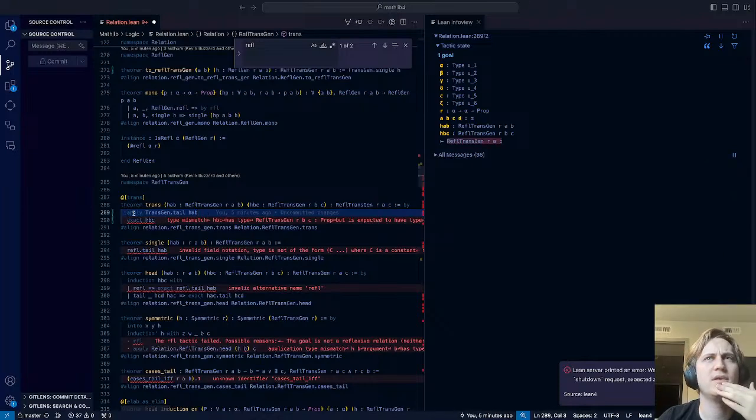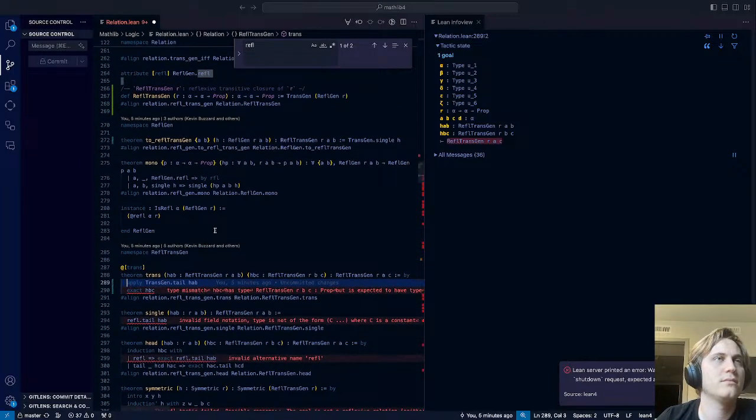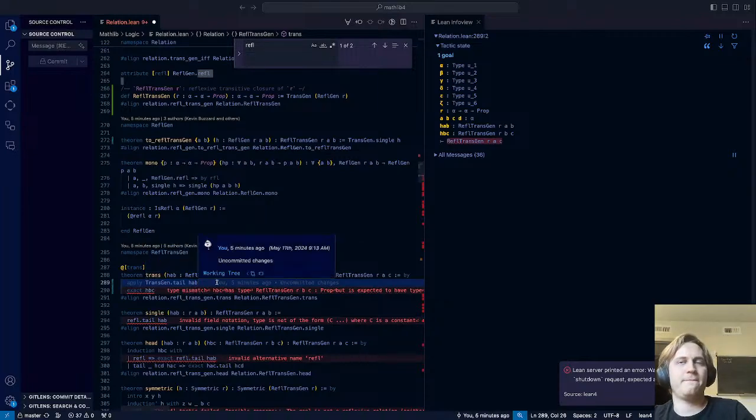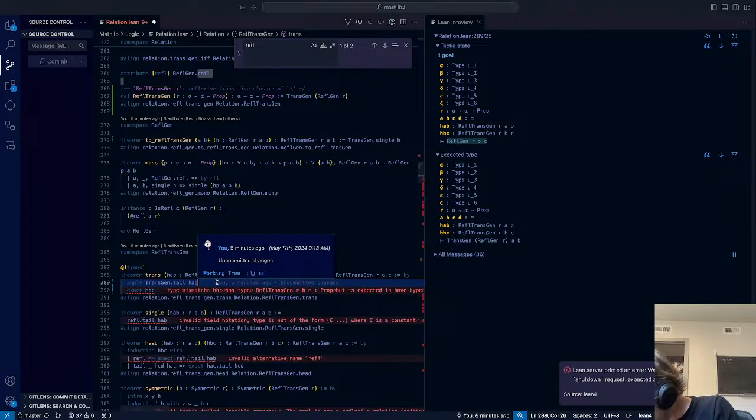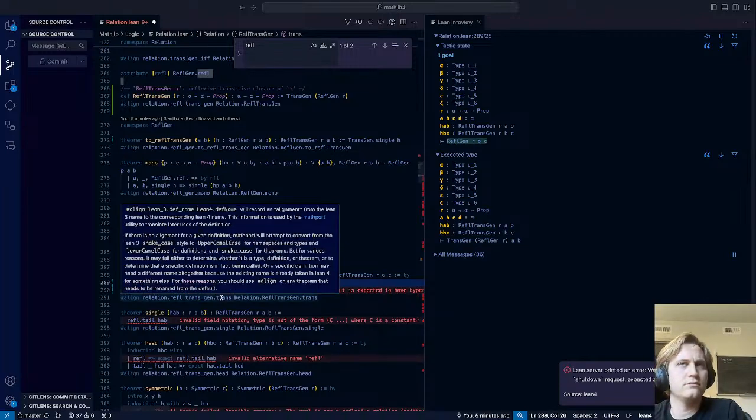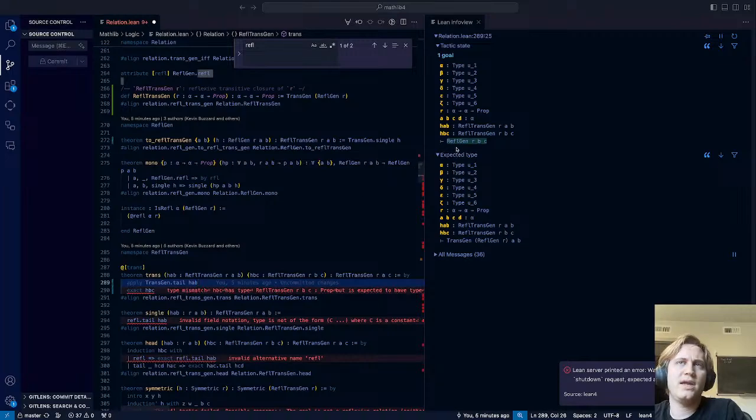What's going on? I apply transgen. What I want to prove is refltransgen.trans, yes. Why do I get out reflgen RBC?